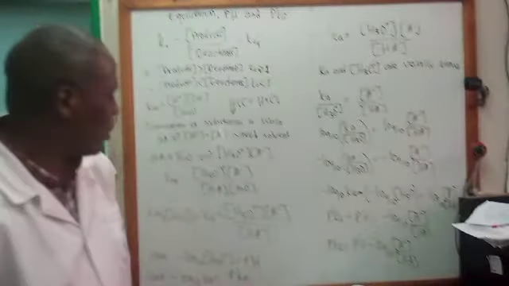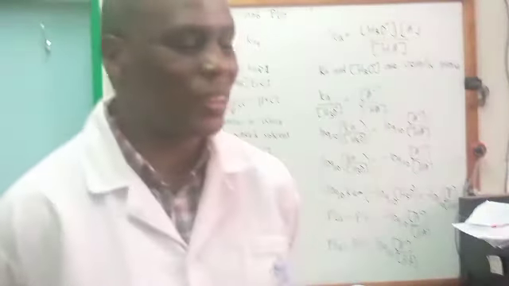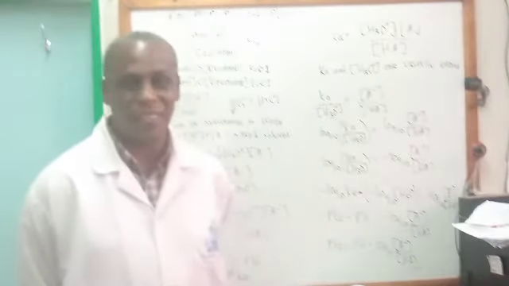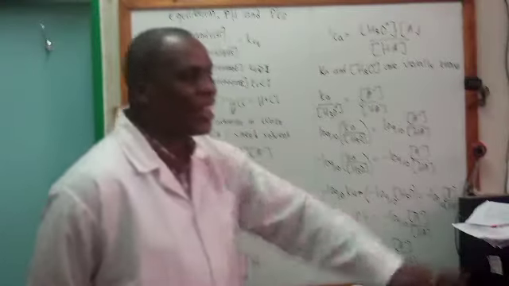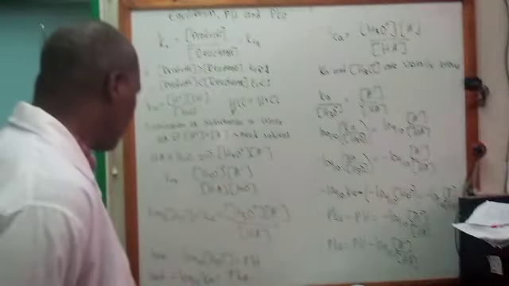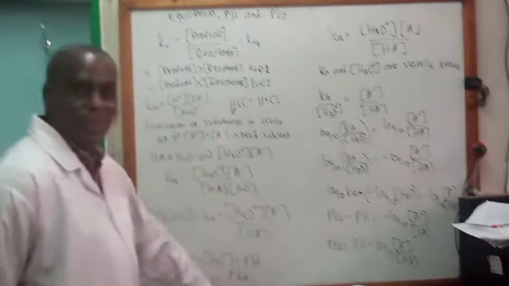So the pH for pure water will be 7, and for very alkaline solutions, the pH will be close to 14. Very strong acids close to 0, very strong alkali close to 14.